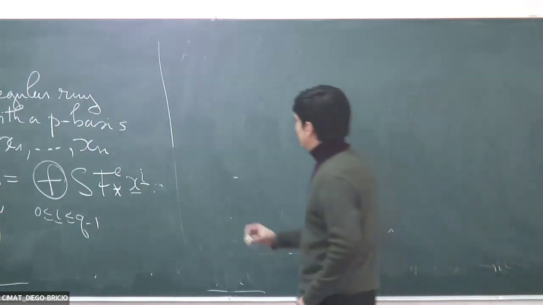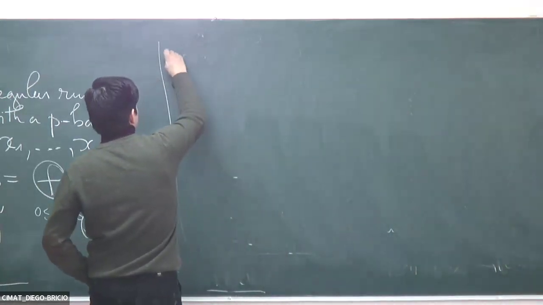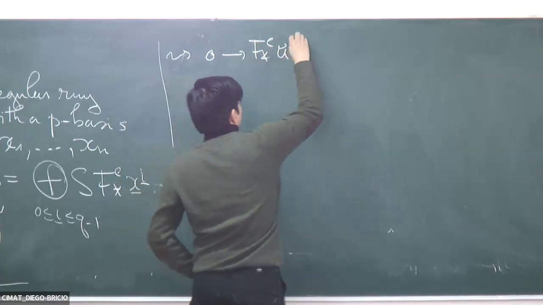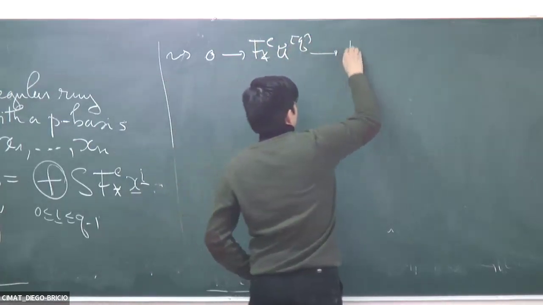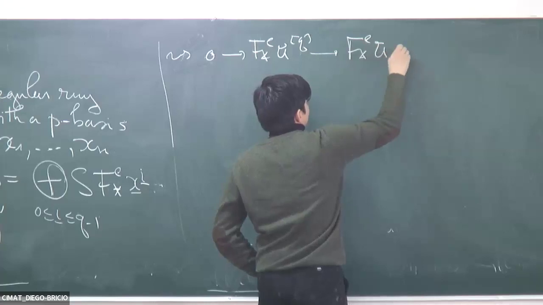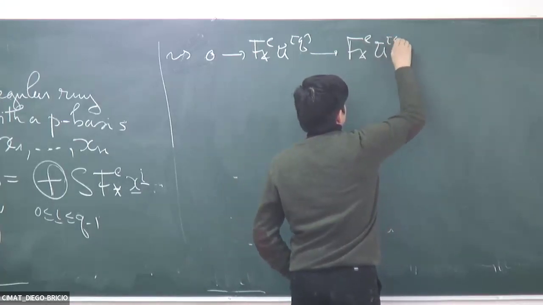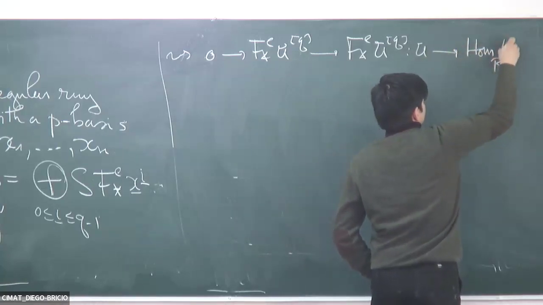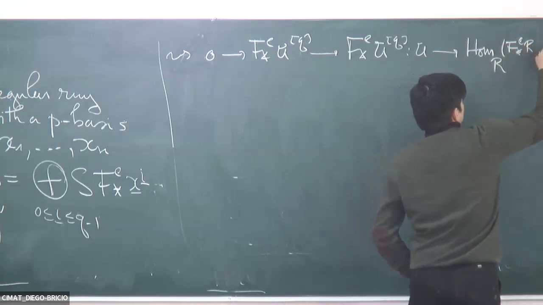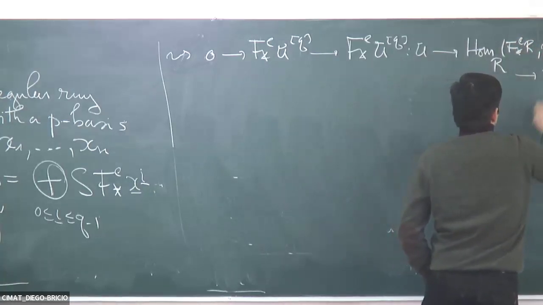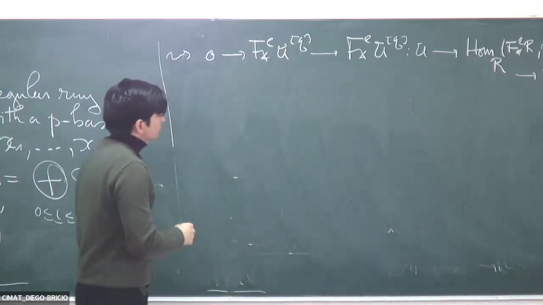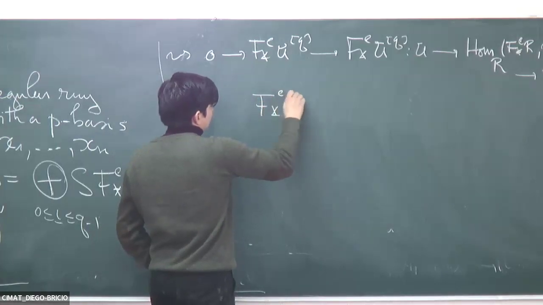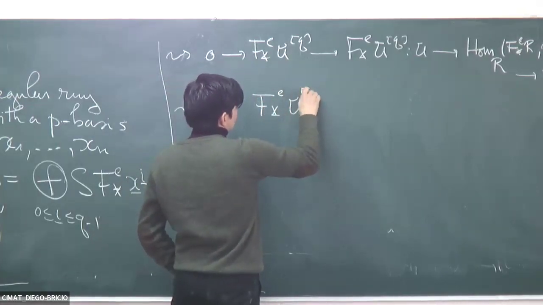So why is that wonderful? Because we saw the other day that we have an exact sequence that goes like this. And the other way to think about this is that we get a very explicit isomorphism.